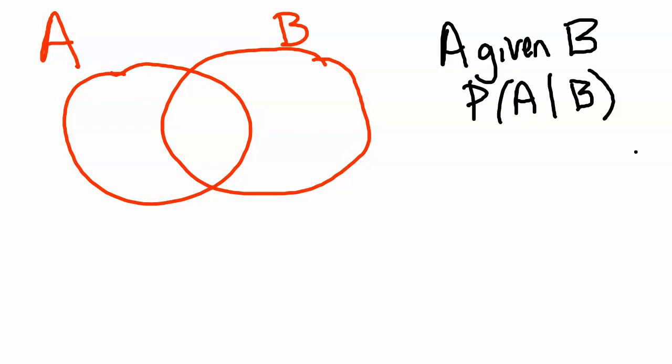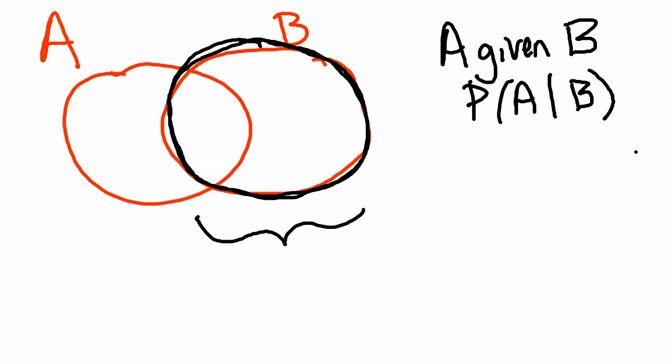Okay, so if you read in a problem, what are the chances or the probability that A happens given that B happens? Since we know that B happened, it has to come out of this set right here. That's B. So this is our new sample space or our new total.